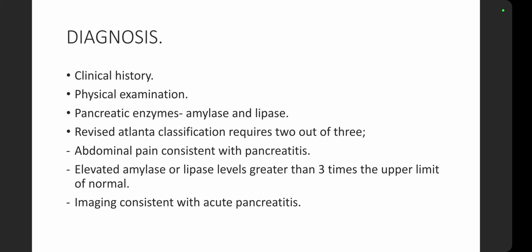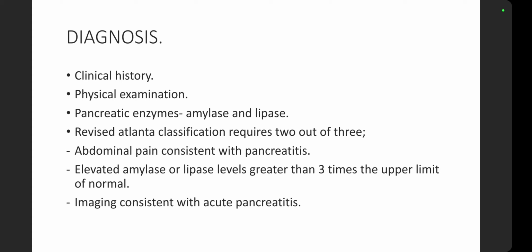Diagnosis. So in diagnosis, we start with a clinical history where you ask, let's say for example, if somebody is a chronic alcohol user, then you will suspect that it might be acute pancreatitis.